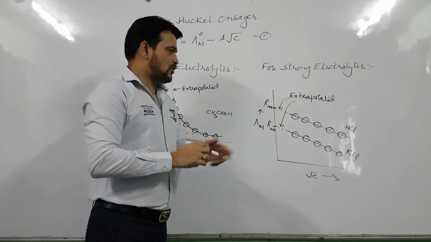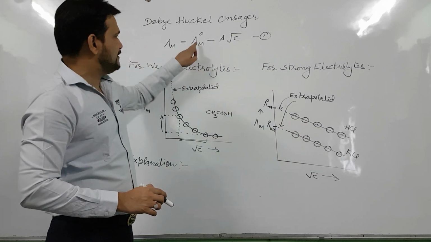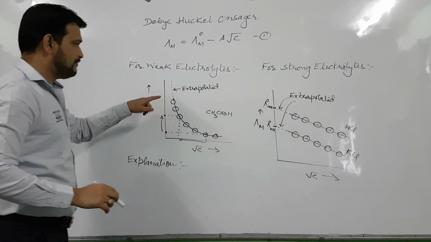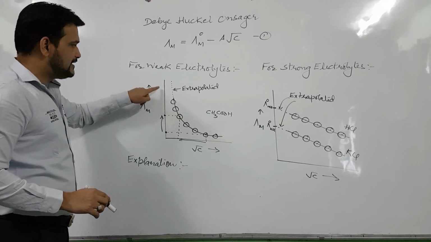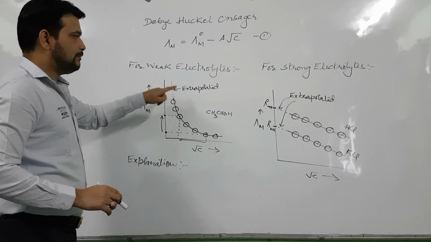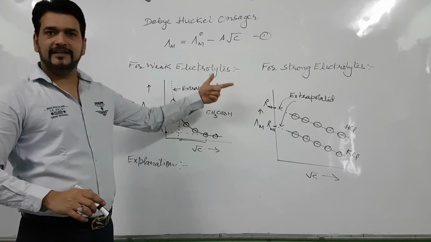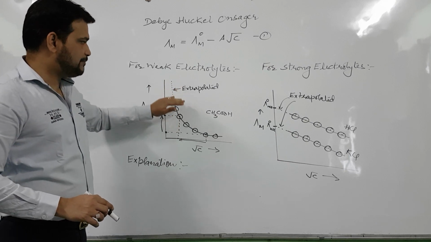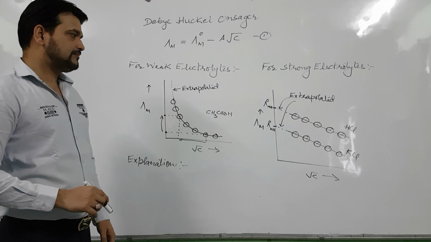Means for strong electrolytes, molar conductance at infinite dilution can be calculated. But for weak electrolytes, this graph does not meet the y-axis, so molar conductance for weak electrolytes at infinite dilution can never be calculated from the experimental observation or from the graphical representation.